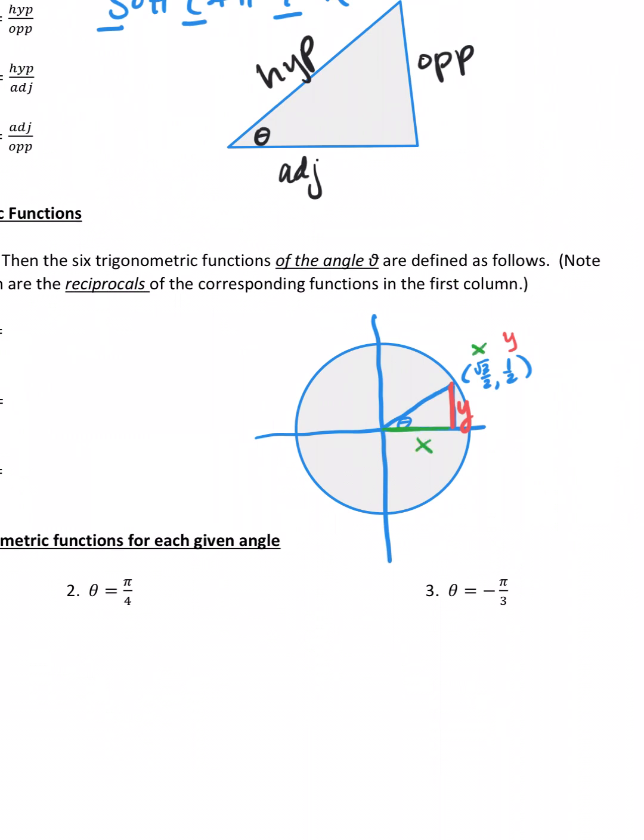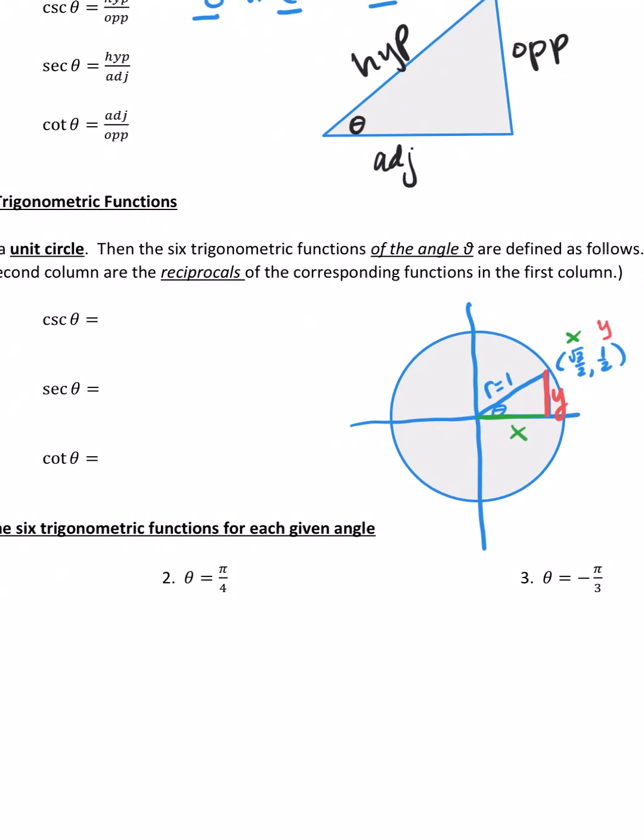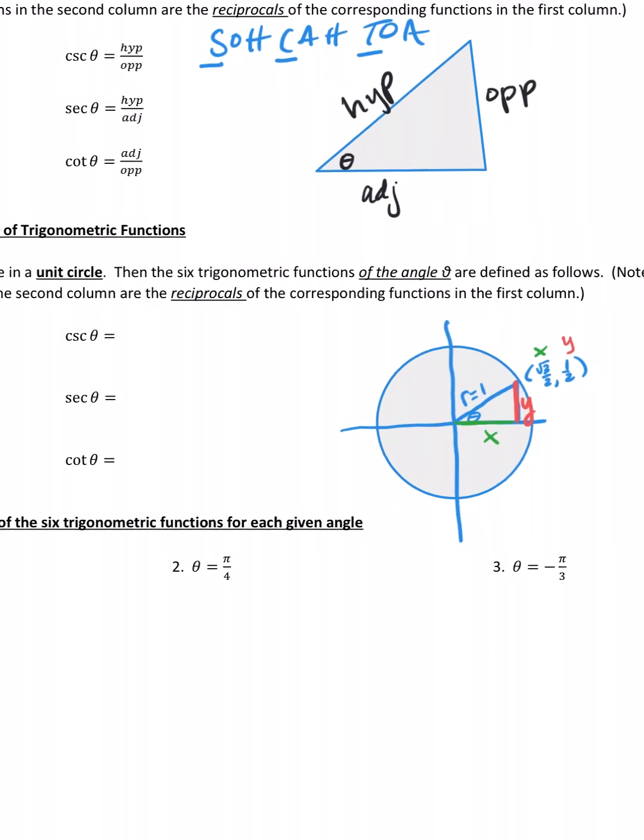All right? And the radius, maybe you remember this or not, but the radius of our unit circle is always just 1. So for whatever angle we did, the vertical was our y, the horizontal was the x, and the radius was always 1. And we did that for every angle around the circle. So keeping those three in mind, instead of doing opposite and adjacent, we're going to do y, x, and x, y, and 1, basically.